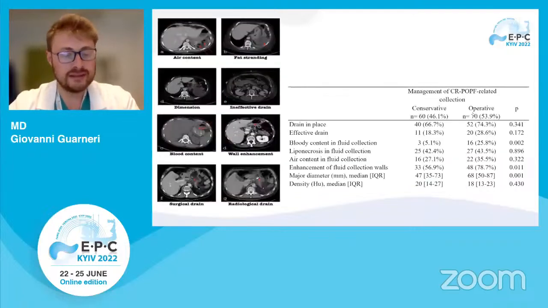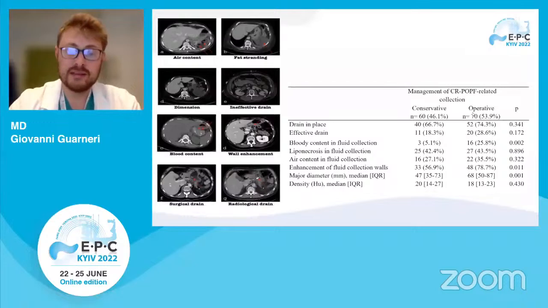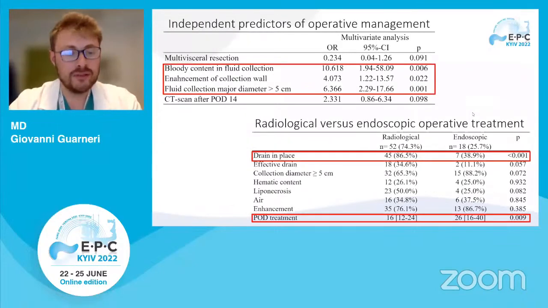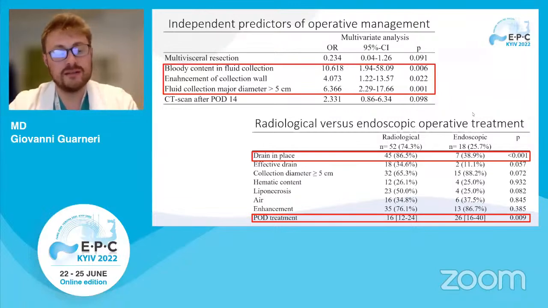The following characteristics of fluid collection were collected and analyzed on postoperative CT scans: dimension, air or blood content, drain present, and its effectiveness in draining the collection, wall enhancement, and fat stranding around the collection. At multivariate analysis, the blood content in the collection, wall enhancement, and dimension greater than 5 centimeters resulted as independent predictors of an operative management.